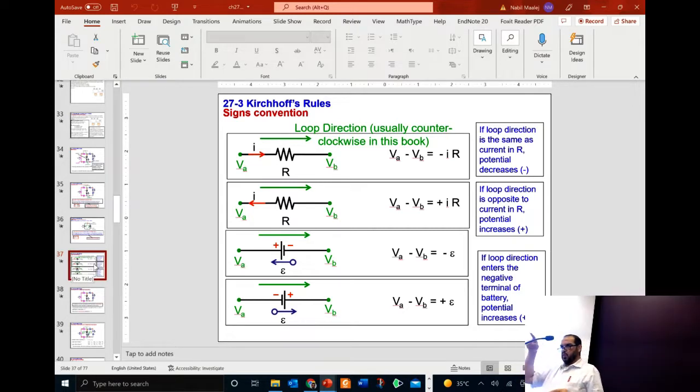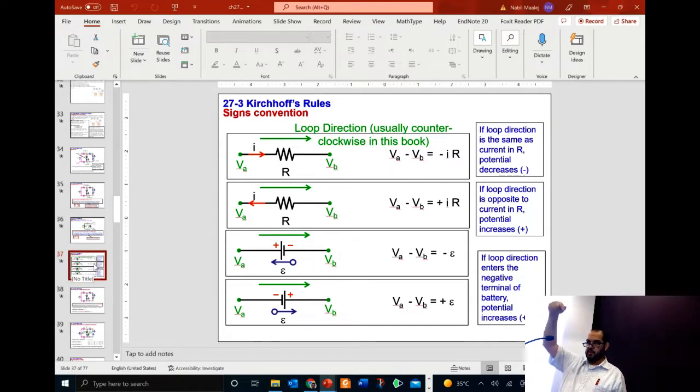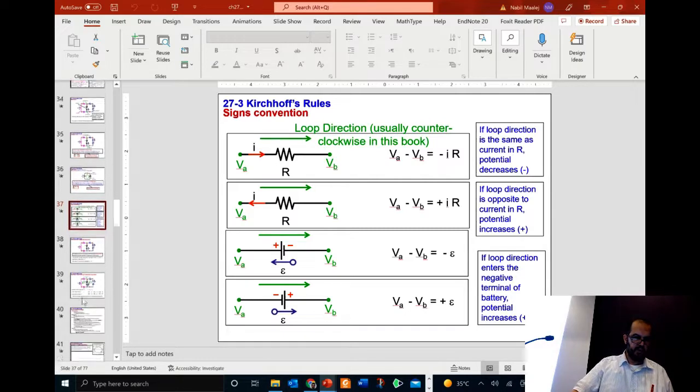If you go through a battery, if you enter the battery from the negative terminal, the potential increases, so it's plus epsilon. If you go through the positive terminal of the battery, the potential will decrease, so it's minus epsilon. So these are the conventions we have used for writing loop equations.